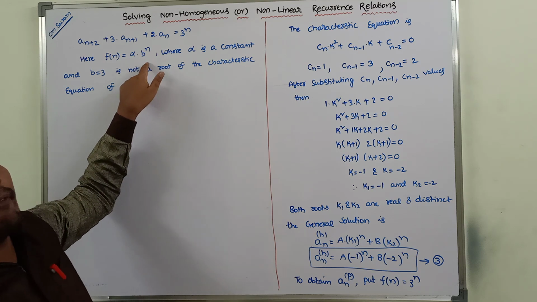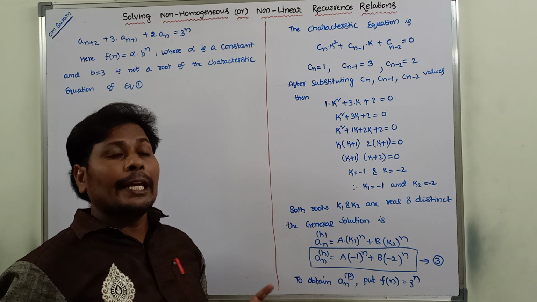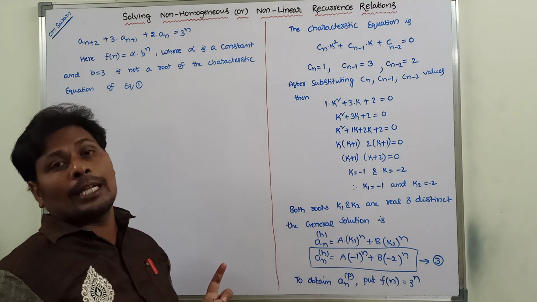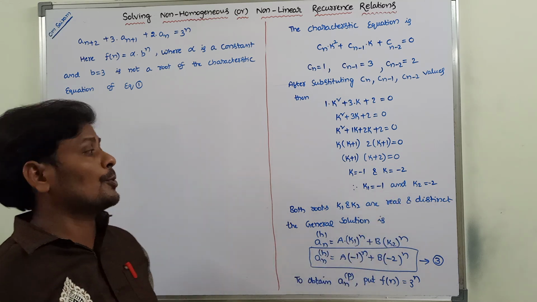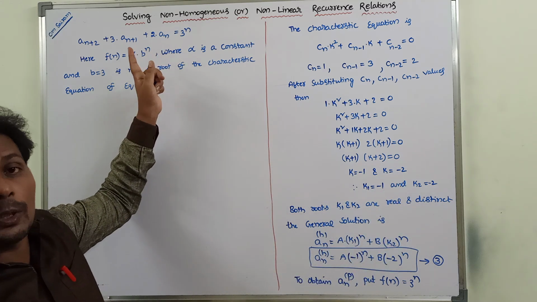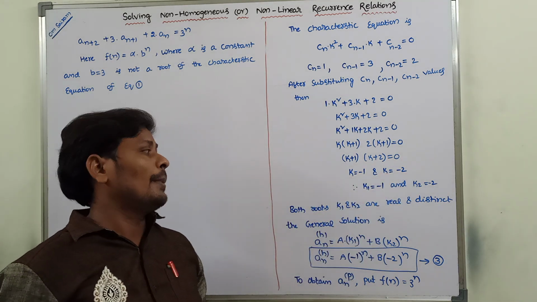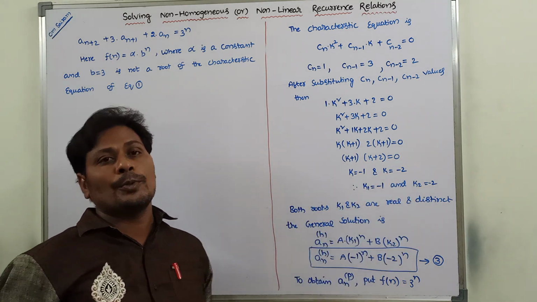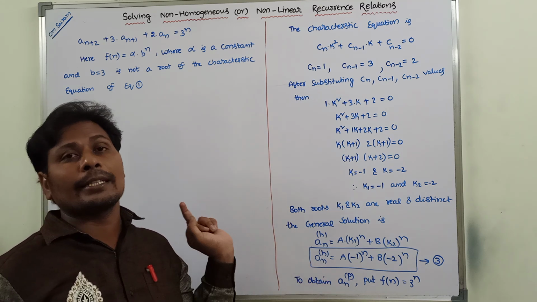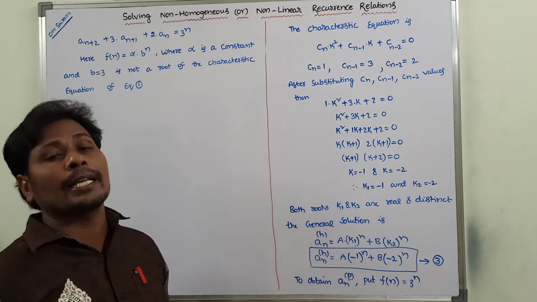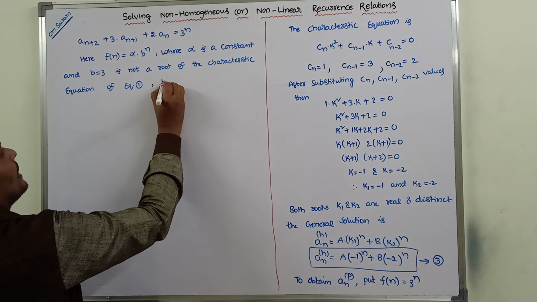So whenever b value is equal to 3, we have to observe the given characteristic equation on the left hand side. The two roots are minus 1 and minus 2. So b value is equal to 3. It is not there among the two roots because they are minus 1 and minus 2. So b value does not occur in the roots of the characteristic equation on the left hand side of equation 1. So hence we go for case 3.